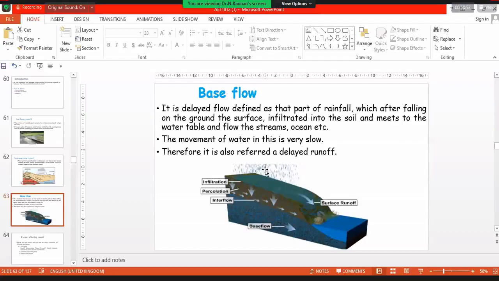Because of very low permeability, this flow is very slow. Because of this slow movement of the lateral flow, we simply label this one delayed runoff. Please make a note on this.